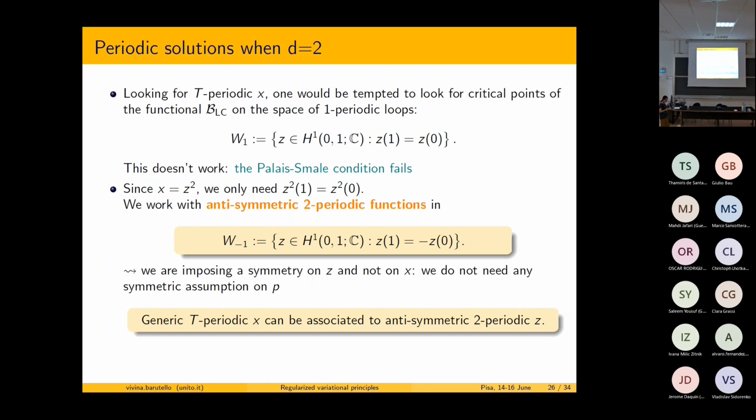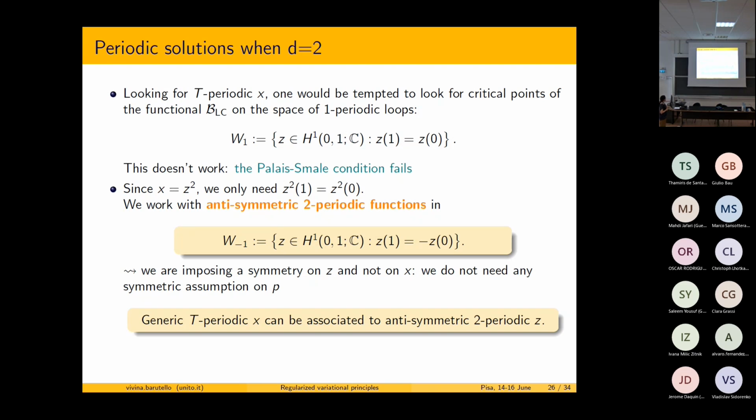Yes, exactly. Because the link is this one. And so for you, it's good to have a periodic set, but also an antiperiodic set. And so if you find an antiperiodic solution, then finally you have found a periodic one. This is the reason.